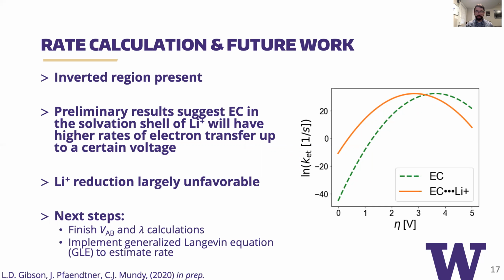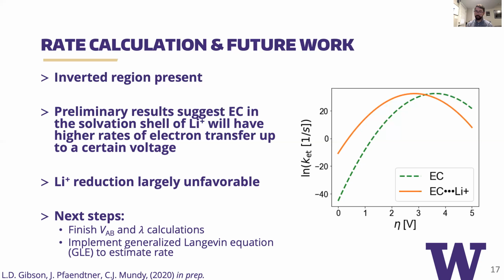And in this, we see that for a range of overpotentials, the solvation shell ethylene carbonate has a significantly faster rate of electron transfer, which is just this orange curve. However, after a certain voltage is reached, we see that the liquid ethylene carbonate overtakes the solvation shell ethylene carbonate, which is due to this inverted region, where an increase in the driving force or free energy of reaction counterintuitively decreases the rate of electron transfer.